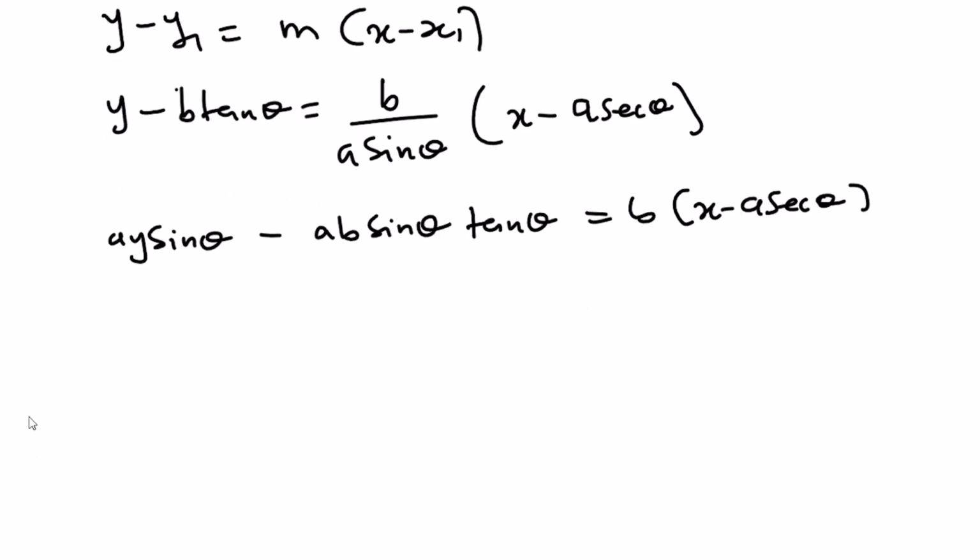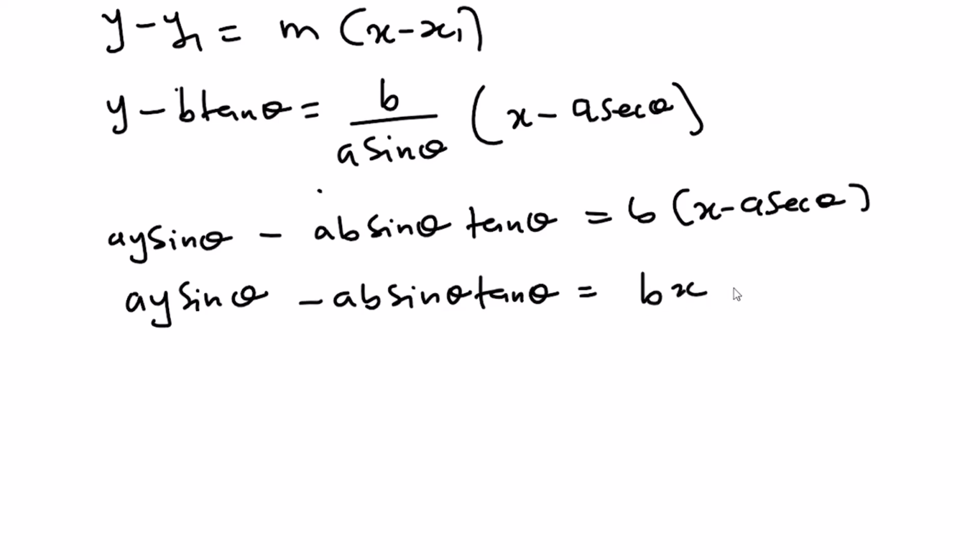Now let's expand this side. So we have ay sine theta minus ab sine theta tan theta being equal to bx minus ab sec theta.